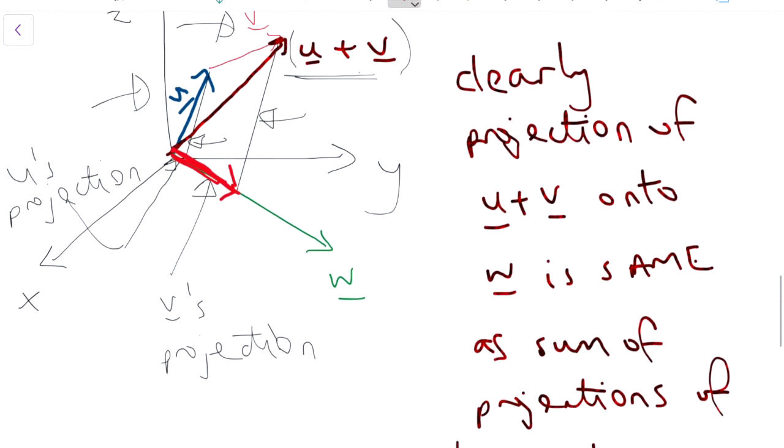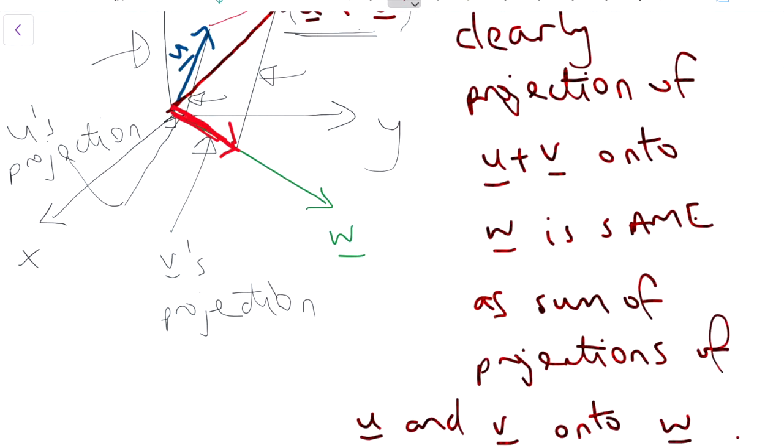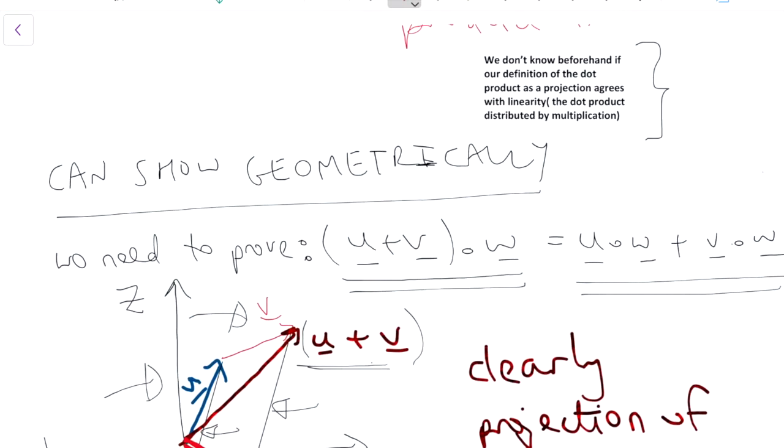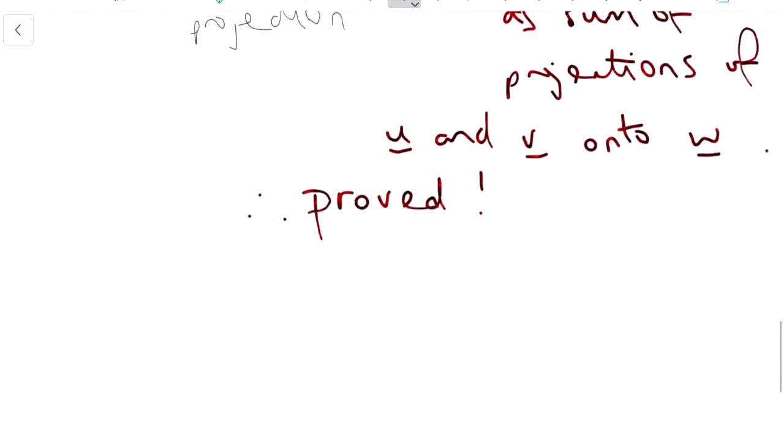That's exactly what I wrote on the side. Clearly, the projection of u plus v onto w is the same as the sum of projections of u and v onto w. Therefore, we've proved it. And there we go. This is the way I like to teach the dot products.